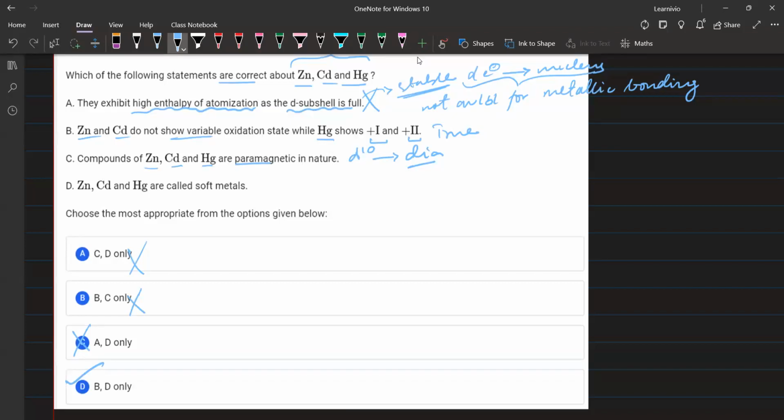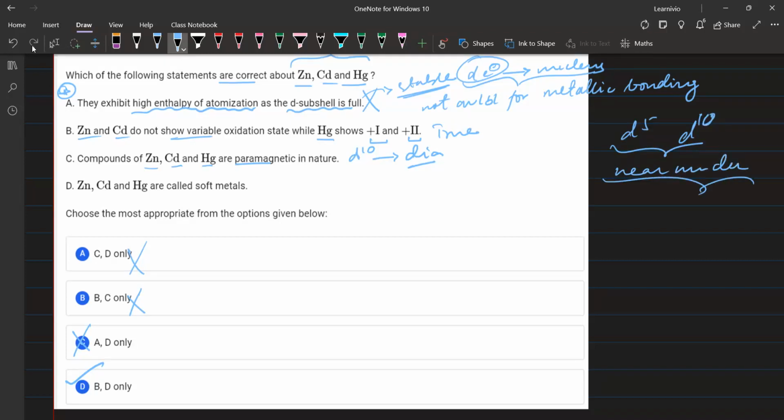Zn, Cd, and Hg are soft metals. Yeah, that is true because of the weak metallic bond. This is an important point to note down. Okay, they exhibit high enthalpy? No, they will not exhibit high enthalpy. Why? Because if you are having d5 or d10, in both cases, because these are stable, they will be nearer to the nucleus.